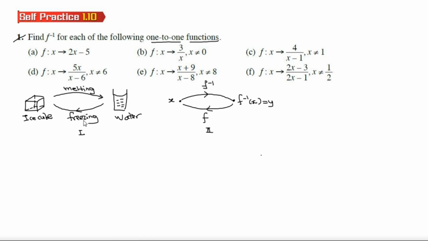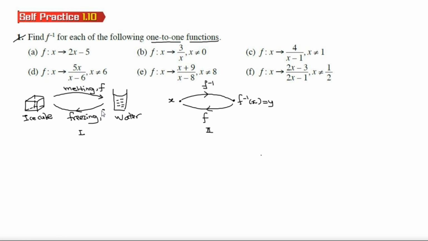Yes, it's called the freezing process. So in this case, we say the freezing process is the reverse process of the melting. If we name the melting as function f, then the freezing process is the inverse of the function f.